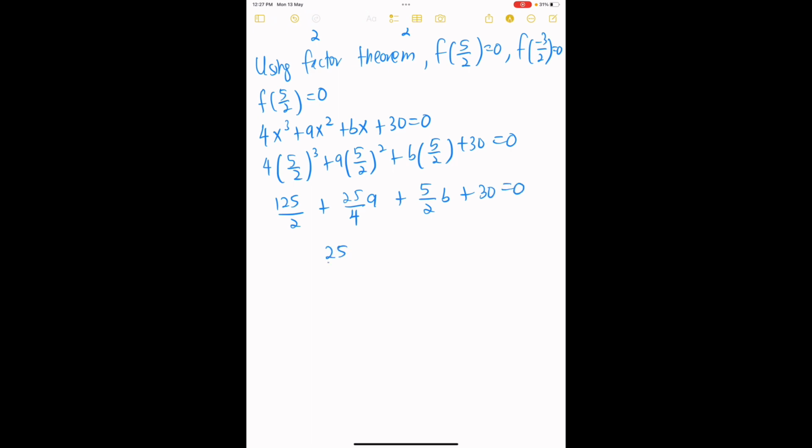So 25 over 4a plus 5 over 2b equal to minus 185 over 2. This is the first equation. Where I got minus 185 over 2, the 125 over 2 plus the 30, you got 185 over 2. Then you move to the right, you become minus here. You move to the other side. Okay?